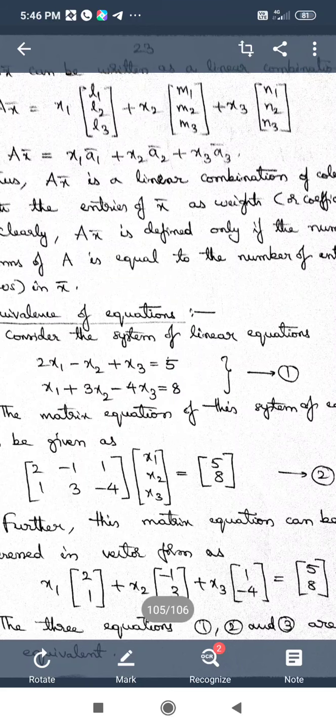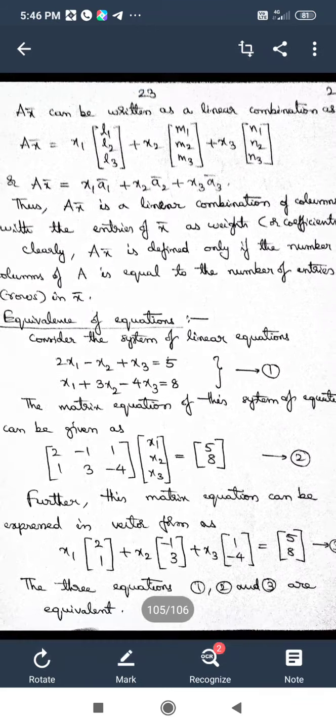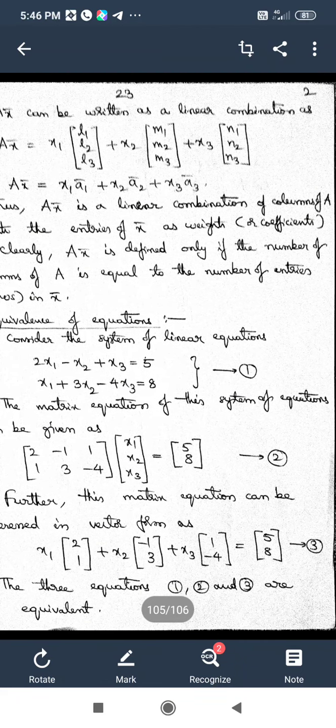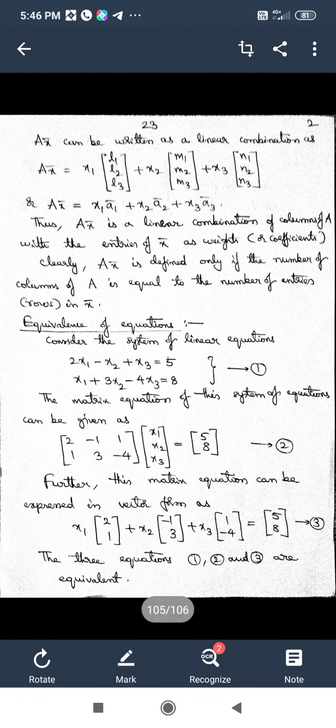So we are taking it as a linear combination: x1 times the column vector (2, 1) plus x2 times the column vector (-1, 3) plus x3 times the column vector (1, -4), and this is equal to the column vector (5, 8). So the 3 equations 1, 2 and 3 are equivalent. That is the conclusion we want to give in this subheading, equivalence of equations.